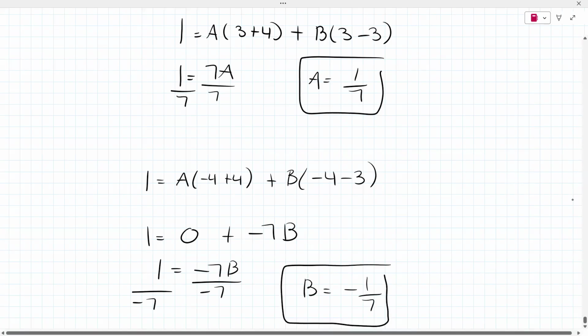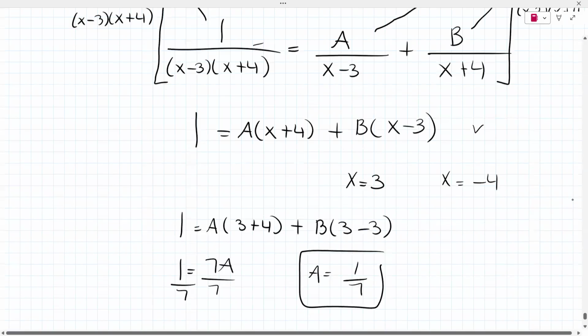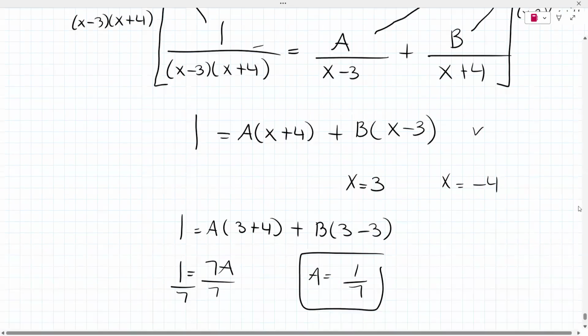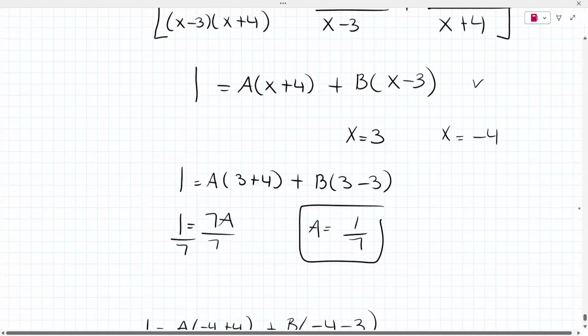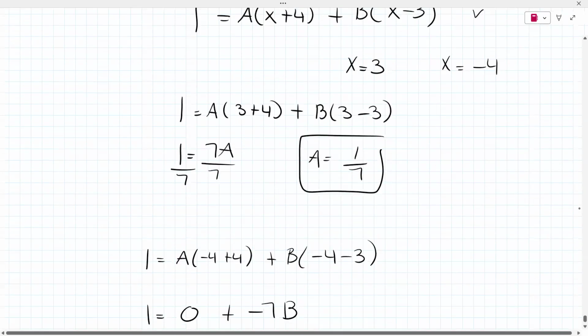Okay, now we can start doing our problems because we found our a, we found our b. So a is 1/7. So we're going to replace a with positive 1/7, and then replace b with -1/7.